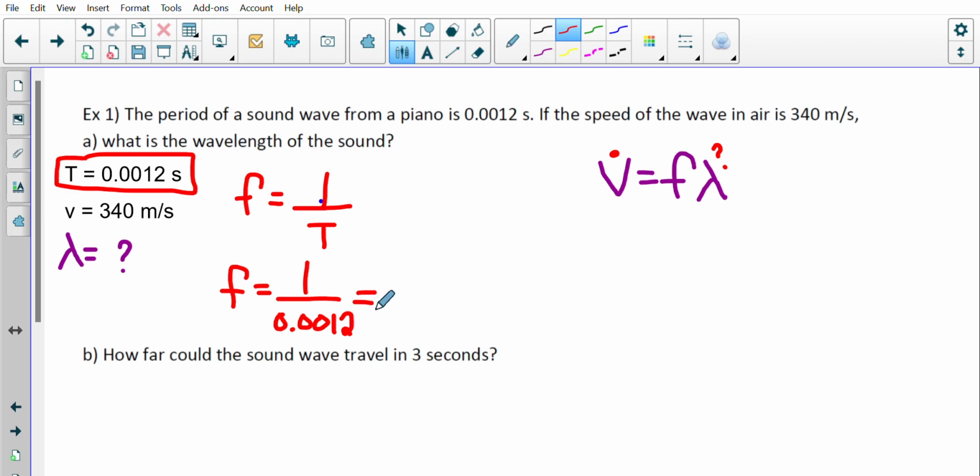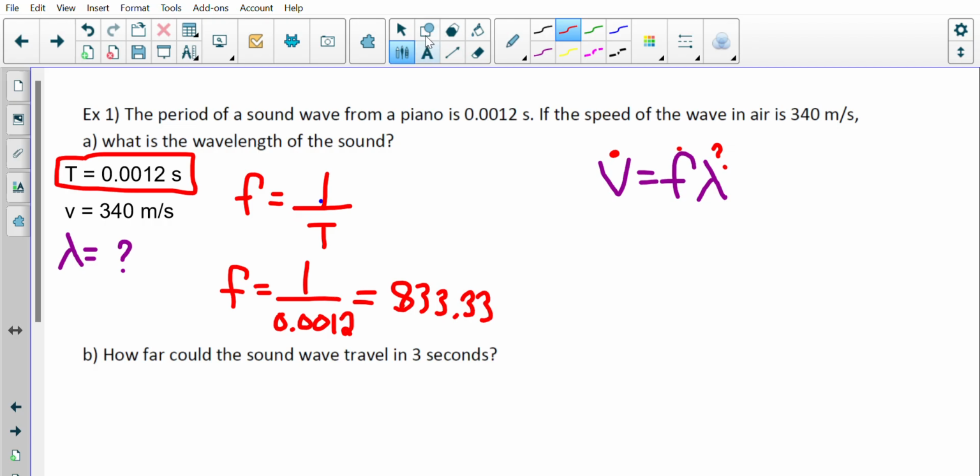So 1 divided by a very, very small number. Let's see what I'm getting here. I pump that in, I get a big number. I'm getting 833.33. So now I've got my F.